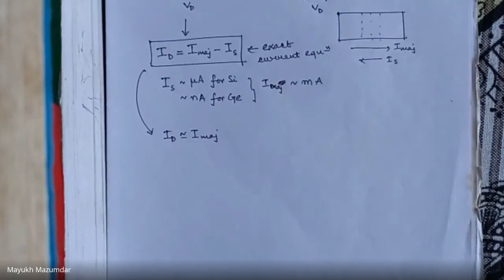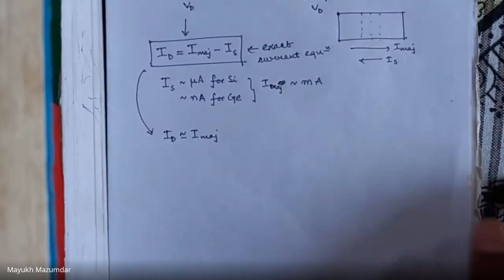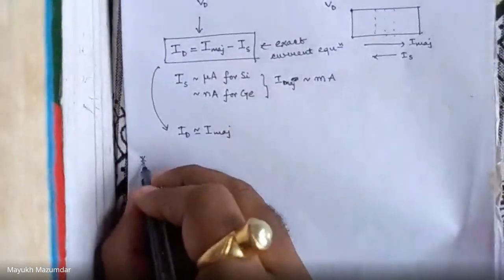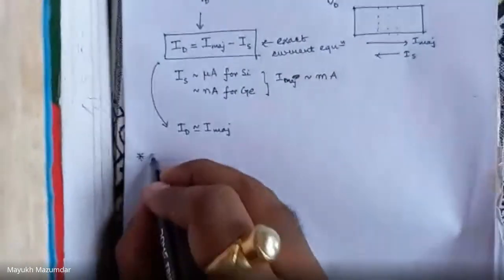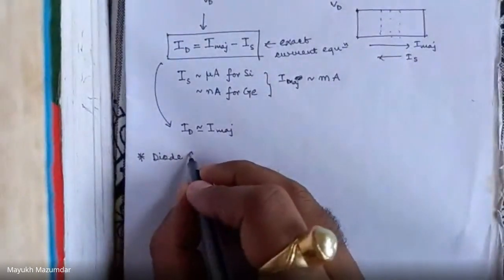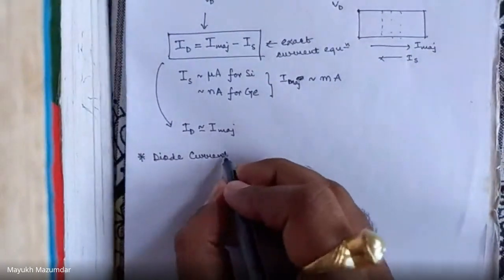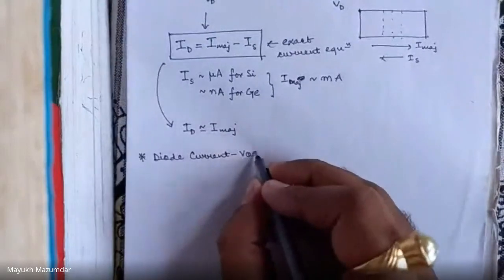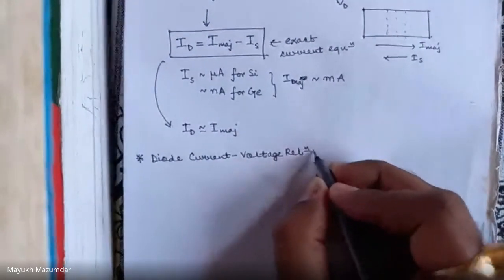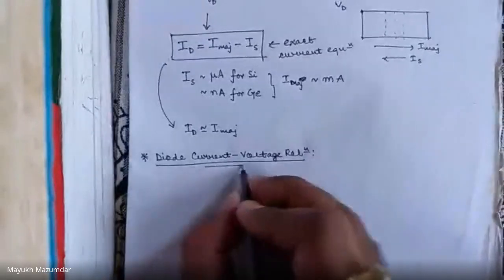We'll be discussing what if we consider this approximation and what if we don't. Anyways, now there is a formula or relationship whose derivation is not required. If you're very curious, we can discuss it after the syllabus is over. That is the current voltage relationship in a semiconductor diode.